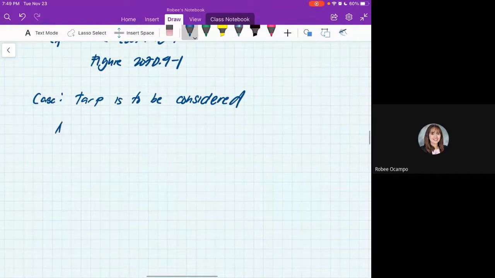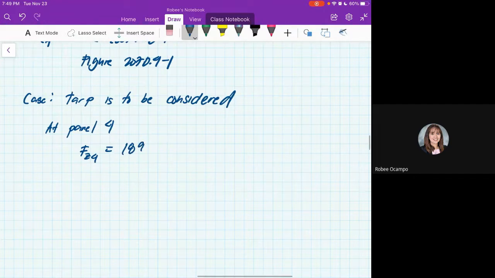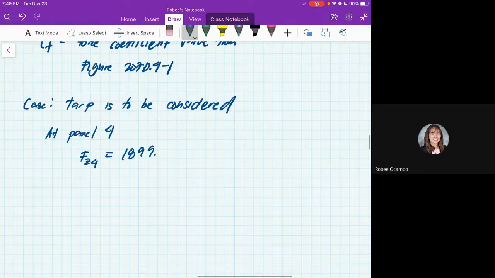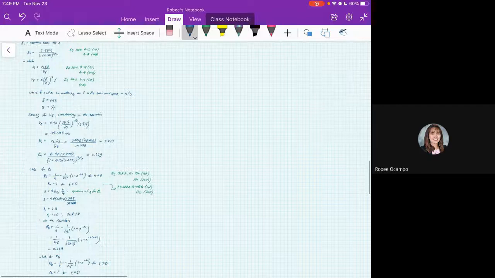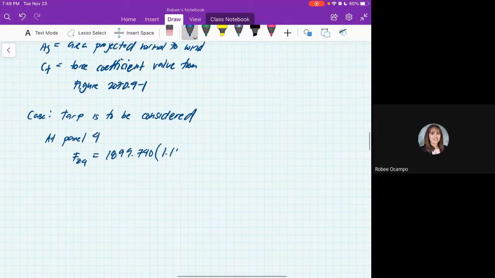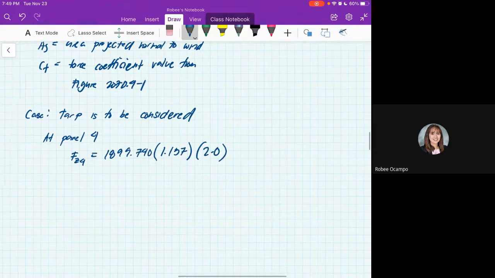So at panel 4, we have FZ4, that's 1,899.740 times the value for our G, 1.157, times our CF, based on the figure, 2.0, and the AF is 27.45.